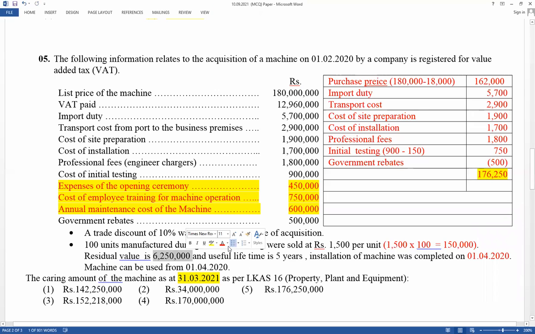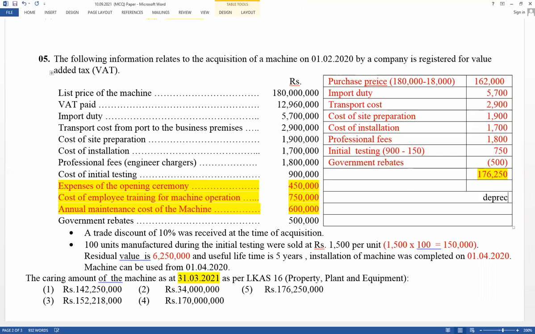Residual value is also given, therefore think annual depreciation. Therefore, depreciation equals cost value 176,250. Residual value is given, 6,250. Then divided by 5.